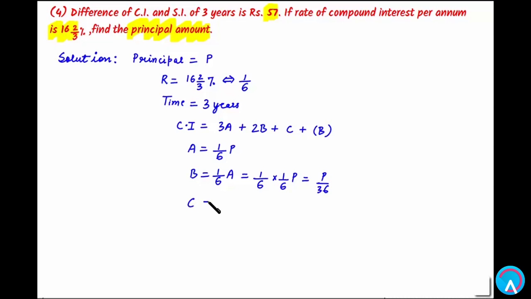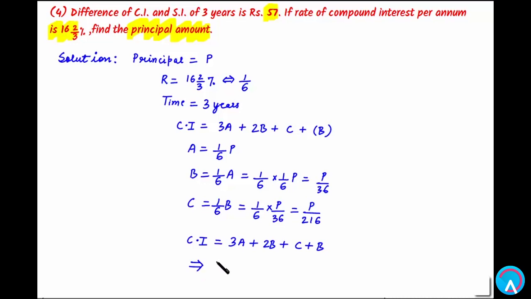Similarly, C will be equal to 1 by 6 of B, so that is 1 by 6 multiplied by P by 36 is equal to P by 216.